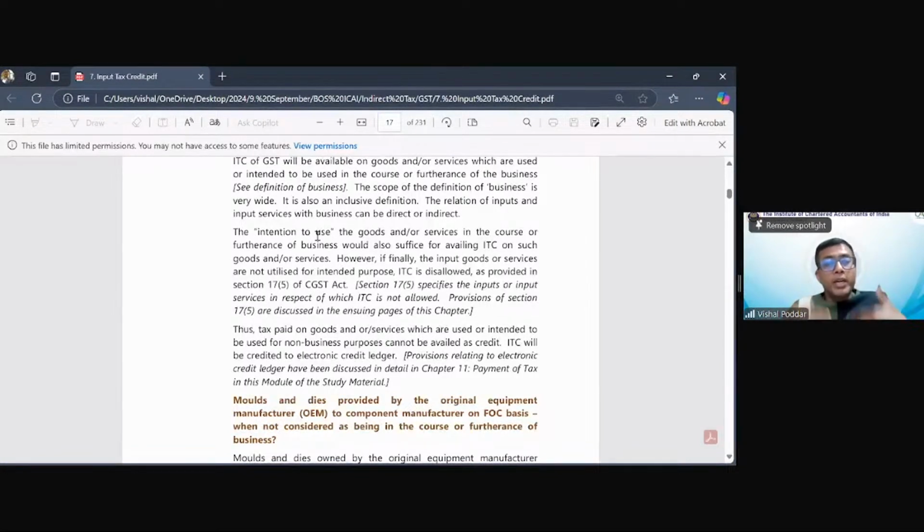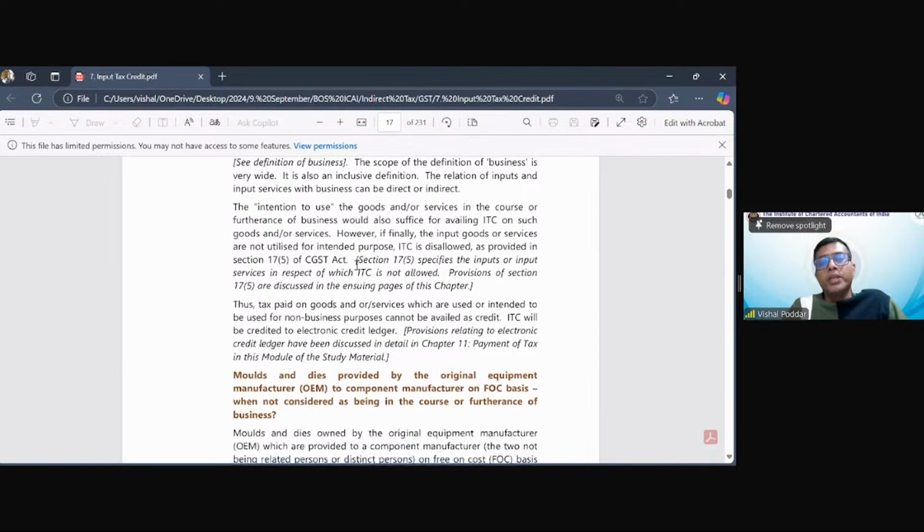It may also happen that in the next 10 years, I may never use it because my main machine never broke down. But still I am eligible for credit because it is intended to be used. What is very important is that actual usage is not seen. If it is actually used, very well, but even if not, you just have to prove that the purpose of this particular goods or service was use for business.